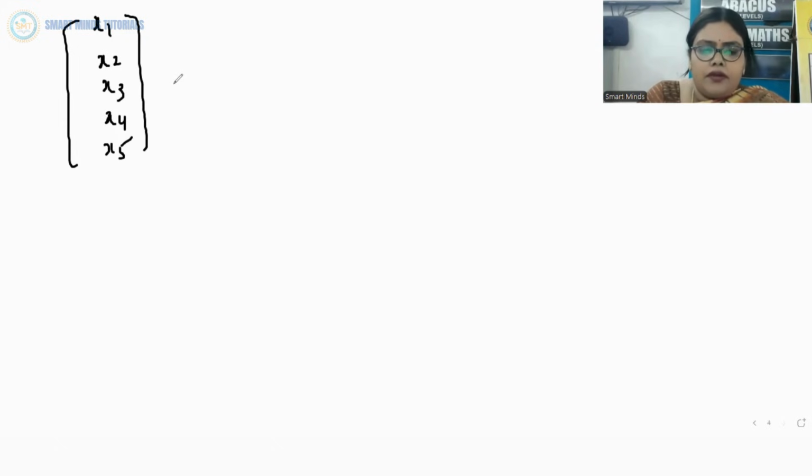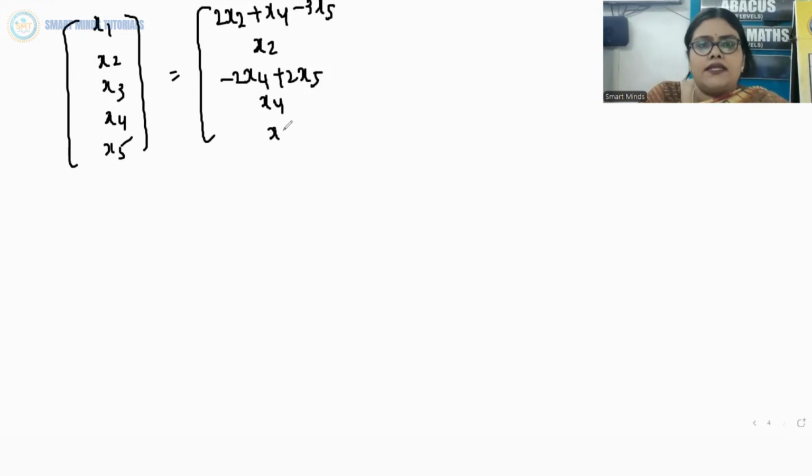So how can we write? x1, x2, x3, x4, x5 is equal to, we can write x1, how can we write? 2x2 plus x4 minus 3x5. x2 as it is. x3 is minus 2x4 plus 2x5. x4 as it is, x5 as it is.